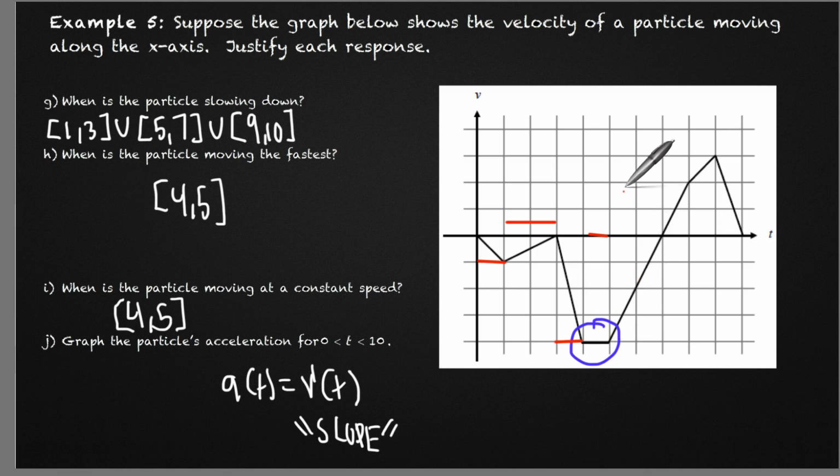So that's a slope of 2 for this time period. And then another slope of 1. And then a slope of, let's see, -3. So that is the acceleration graph. It's just a bunch of constant lines that represent the slope of the velocity graph.